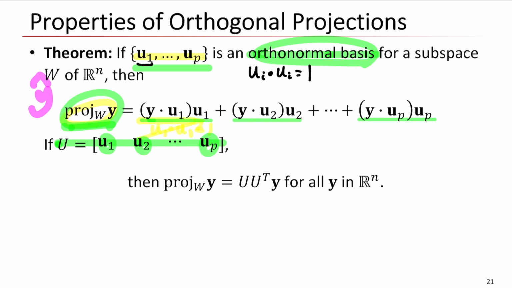How can we do that? So this is going to be the matrix U times U transpose times vector Y for every Y in R n space, right? So in other words, we can represent this vector equation as a matrix multiplication.